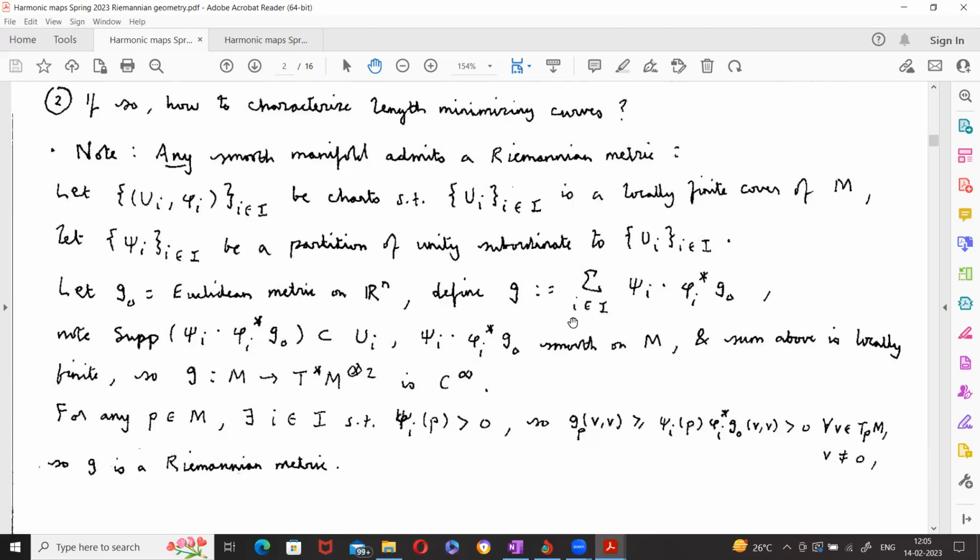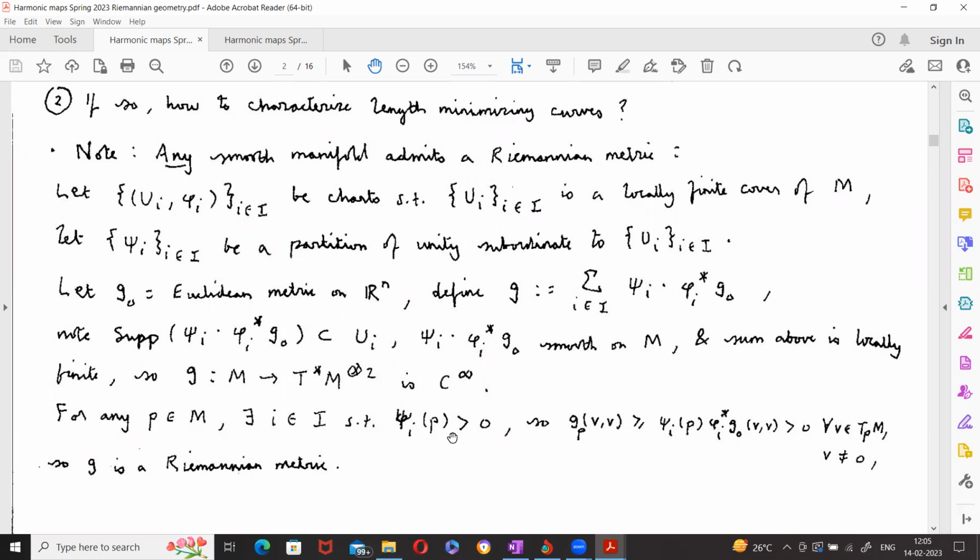It's symmetric because the pullbacks of these symmetric tensors are symmetric. I just have to check it's positive definite at each point. Since I have a partition of unity, the sum of psi i is equal to 1, so at the point P there's going to be some i such that psi i of P is positive.